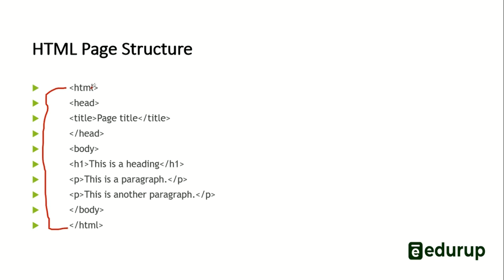Then in this structure we have head and one more, the body tag. Inside the head we have a title tag. Inside the body we have the content, which means the heading, paragraph, anything which comes under the body tag itself.